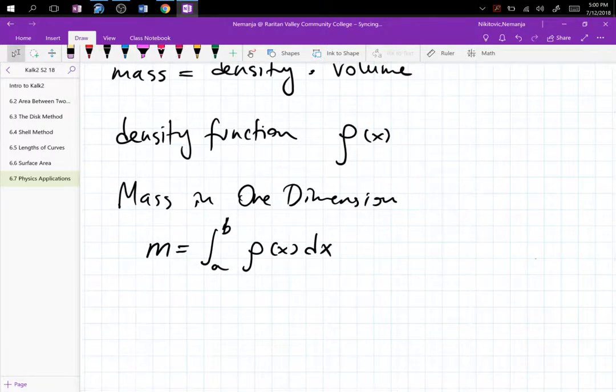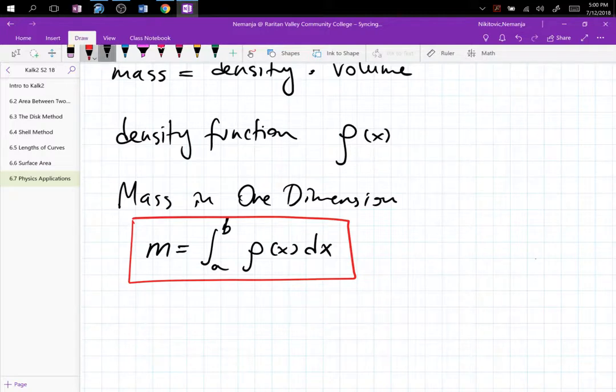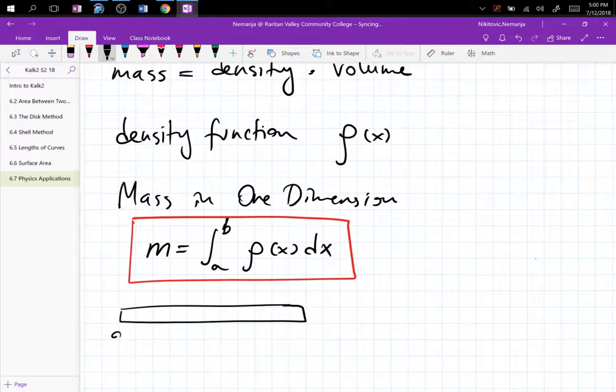To illustrate that, I'm going to draw a rod from A to B that will have density function rho of x. Now, this rod could be uniform density. If it's uniform density, then rho of x is equal to, I don't know, 7.